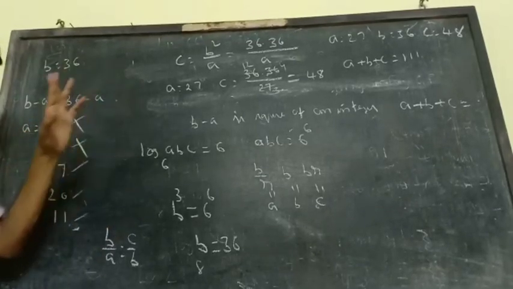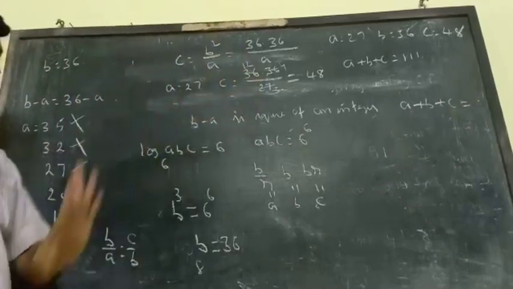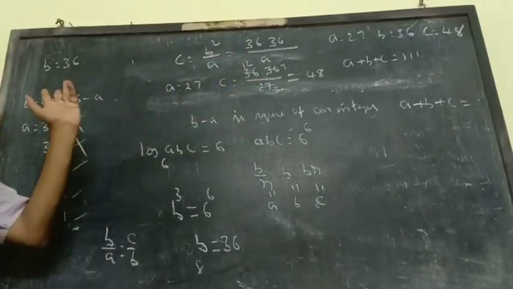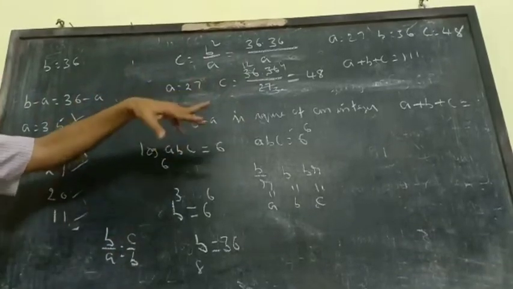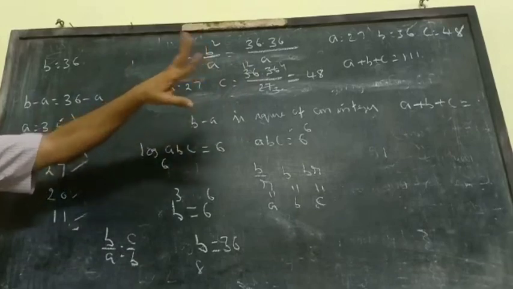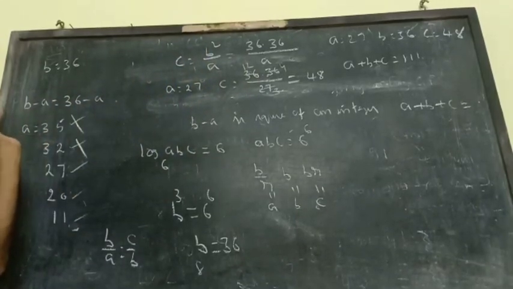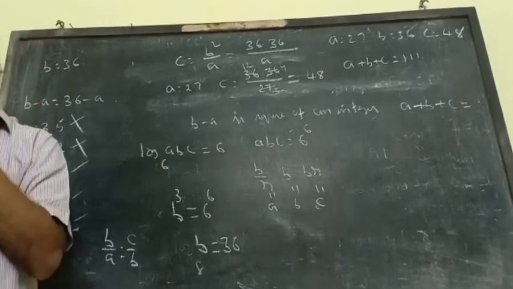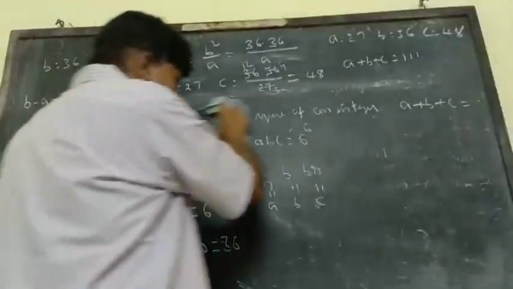So 35 fails, 32 fails, only A is 27 is suitable. When you substitute 27, you get 9 fours, 9 threes, 3 twelves, 12 fours, 48. Right, A plus B plus C is equal to 111. Okay, so it is also a typical question.